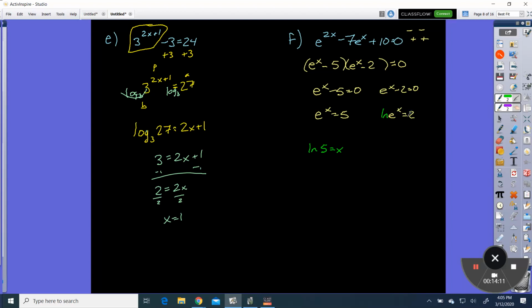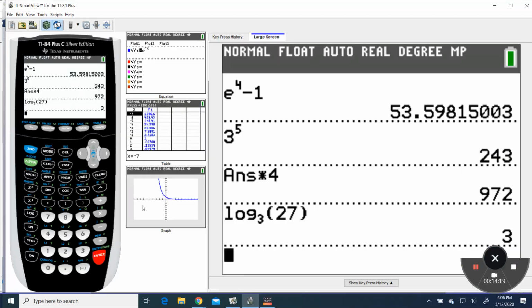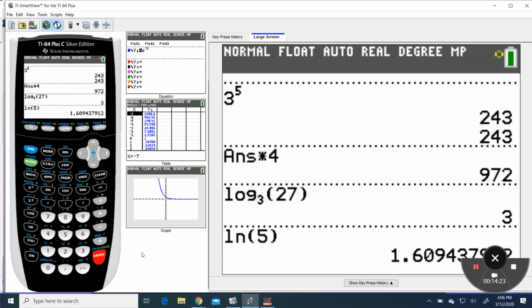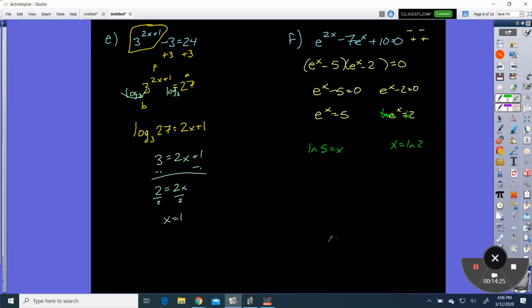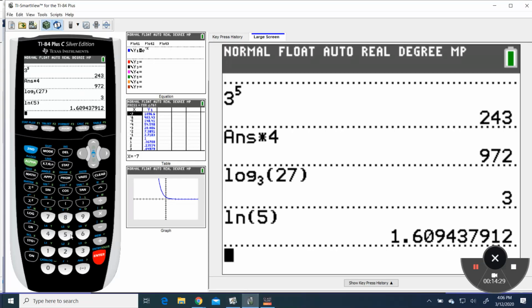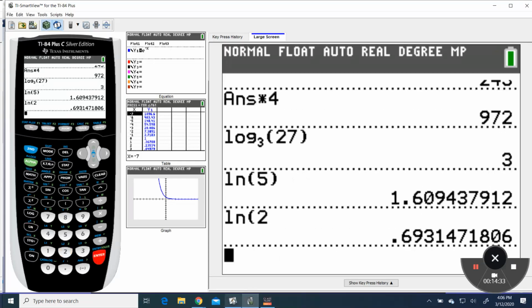Or if you want to put it this way, ln and ln, the e's go, ln and e goes away. So x equals the natural log of 2. And then you can type those in your calculator. ln of 5, enter, 1.609. ln of 2, 0.693.